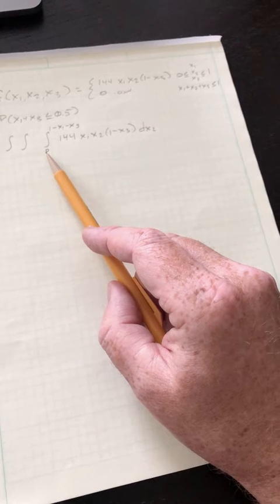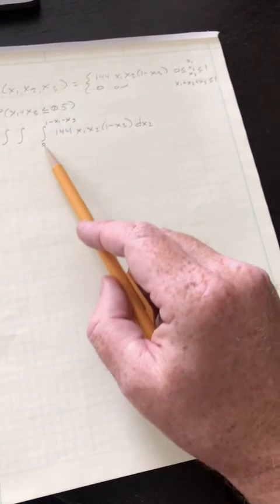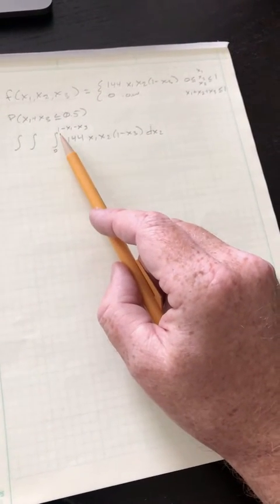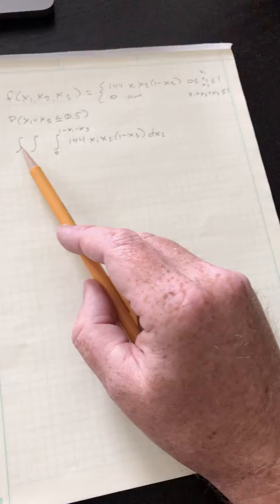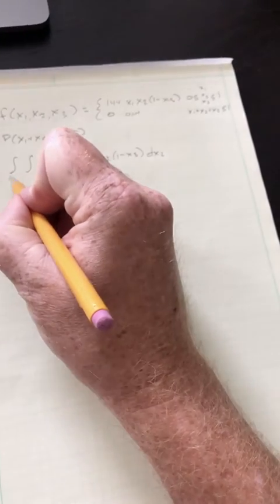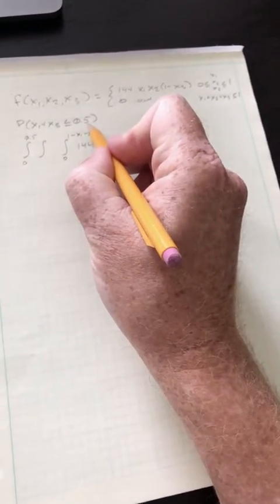And this covers any value of x2 that it could possibly be. So this integrates out that density, and it'll give me the marginal density for x1 and x3. Then what I'm asking is the probability that's going to be 0 to 0.5, because that's what I'm integrating to.